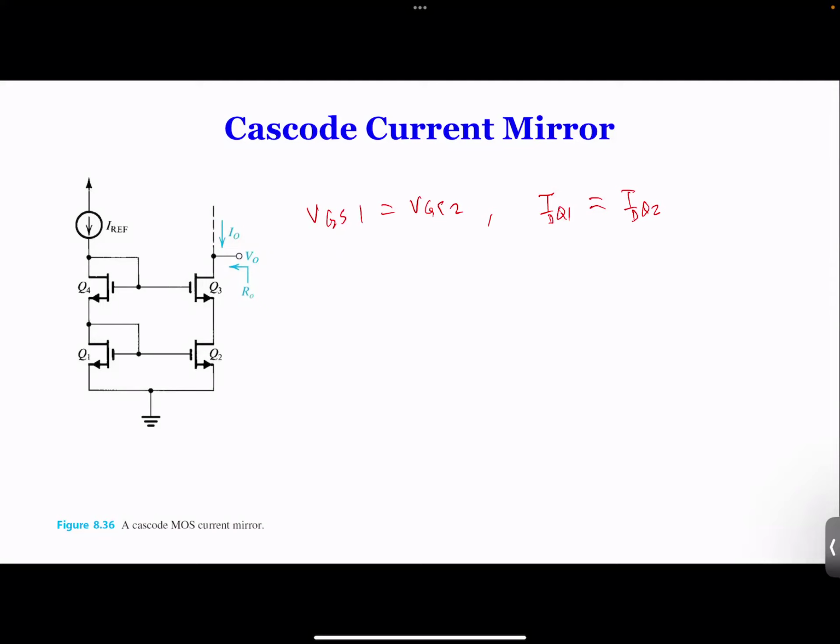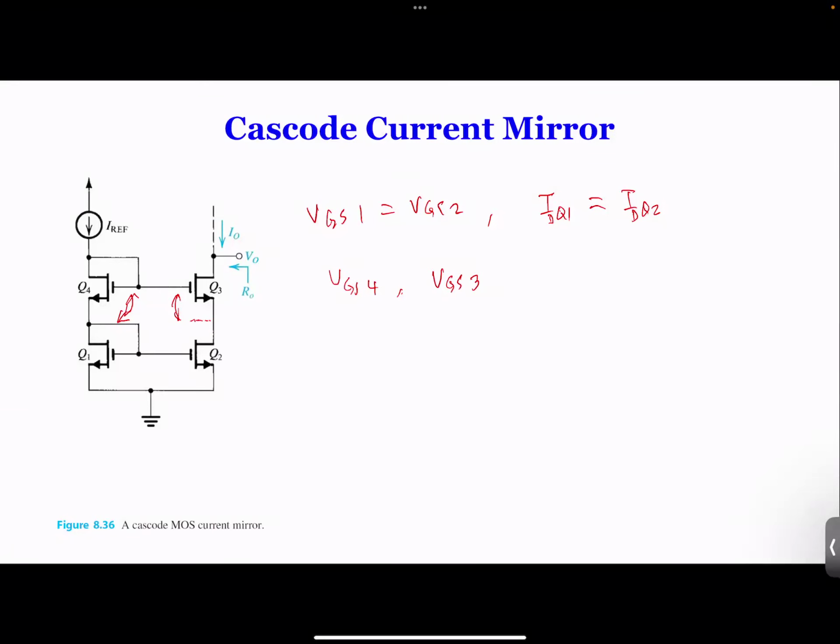For VGS4 and VGS3, we can't say they're the same because the sources are not connected, so this VGS over here is not necessarily the same as VGS over here. However, because the current is the same, you can eventually conclude that they have to be the same. Otherwise, you're not going to get the actual result.